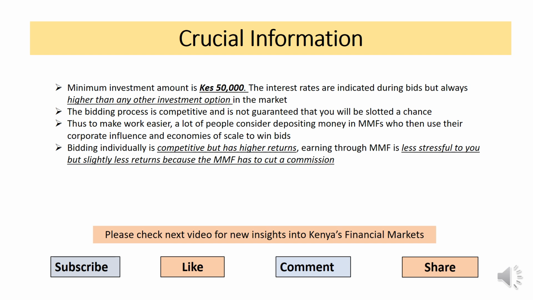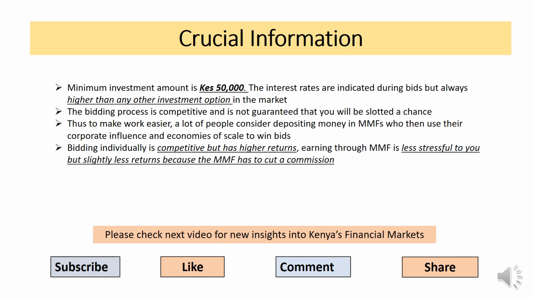To proceed with our discussion, let's also consider a few crucial pieces of information that you might need to take home. When investing in T bills and T bonds, the minimum amount of investment is 50,000. So at any given point when you are placing your bid, make sure that you have 50,000 ready, such that when you are considered for a T bond or T bill, you have the 50,000 to pay.